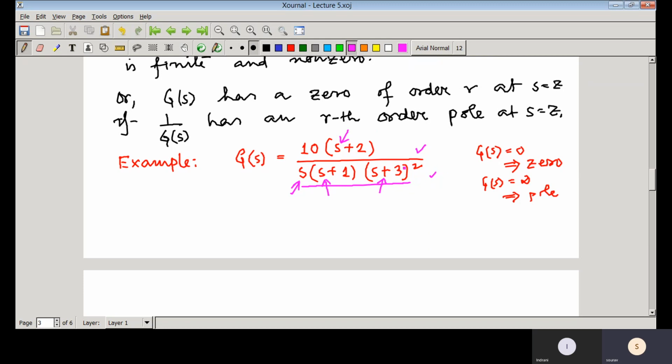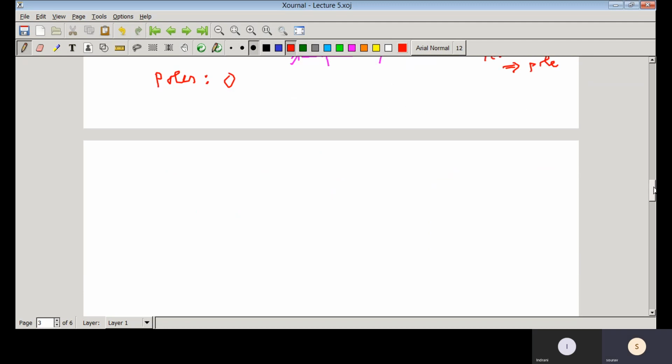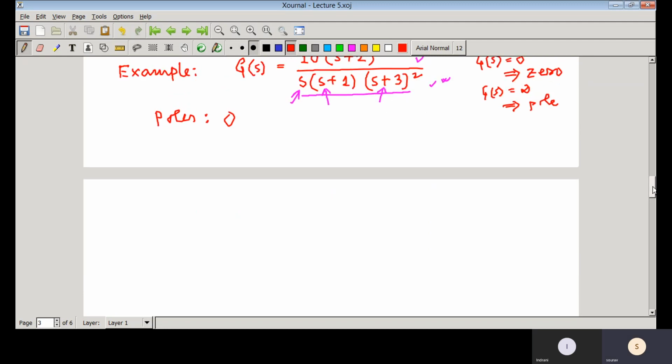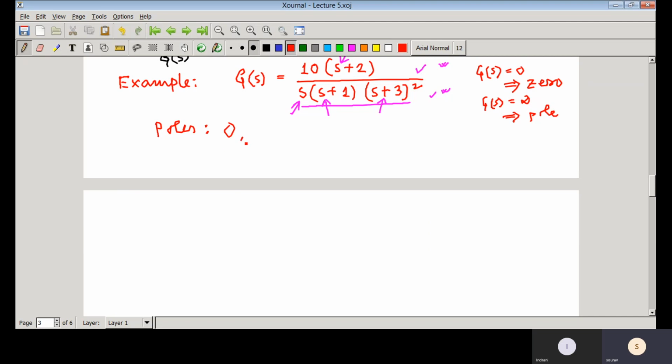And from here you can see that in this type of rational function, the number of poles is equal to the number of zeros. But let us first write it, then it would be very clear. These poles are 0 and minus 1, then minus 3, then minus 3.